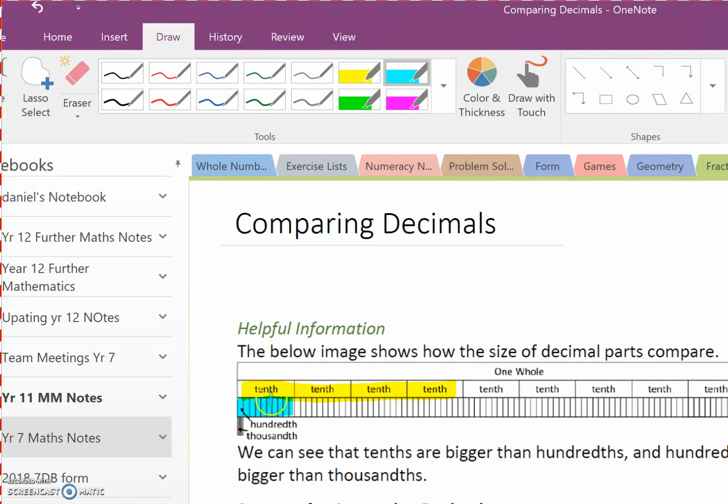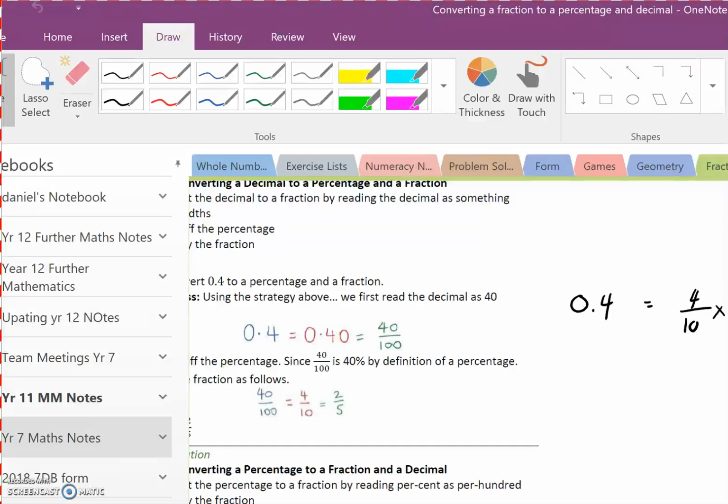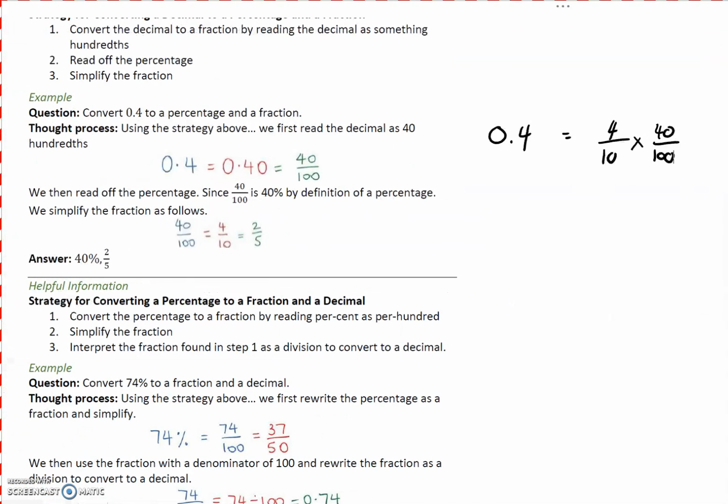So 10 hundredths make a tenth there, 20 hundredths, 30 hundredths, and 40 hundredths make the 4 tenths. Sorry, I should have gone times 10 on 10 makes the 40 hundredths. Okay, so 0.4 is 0.40, or 40 hundredths.